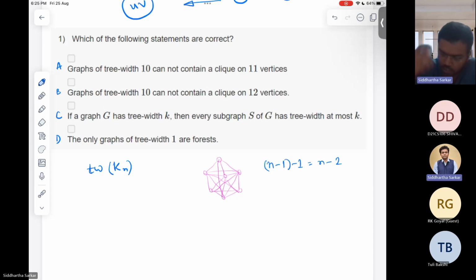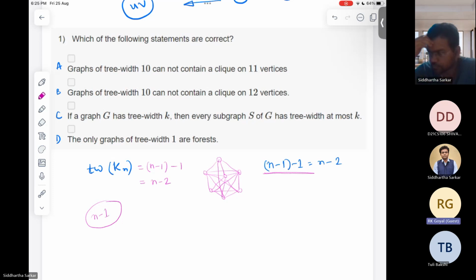Okay, but I don't understand this argument that for Kn, n minus 1 is the tree width, so that is n minus 2 is the tree width. So why do you think that every bag has n minus 1 vertices in it? Because in Kn, every vertex is connected to n minus 1 other vertices.